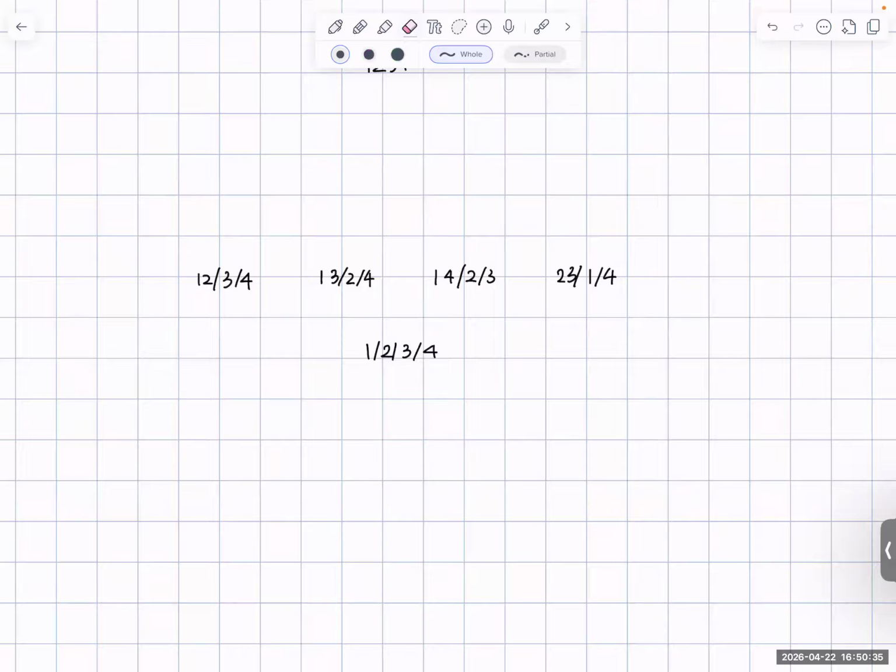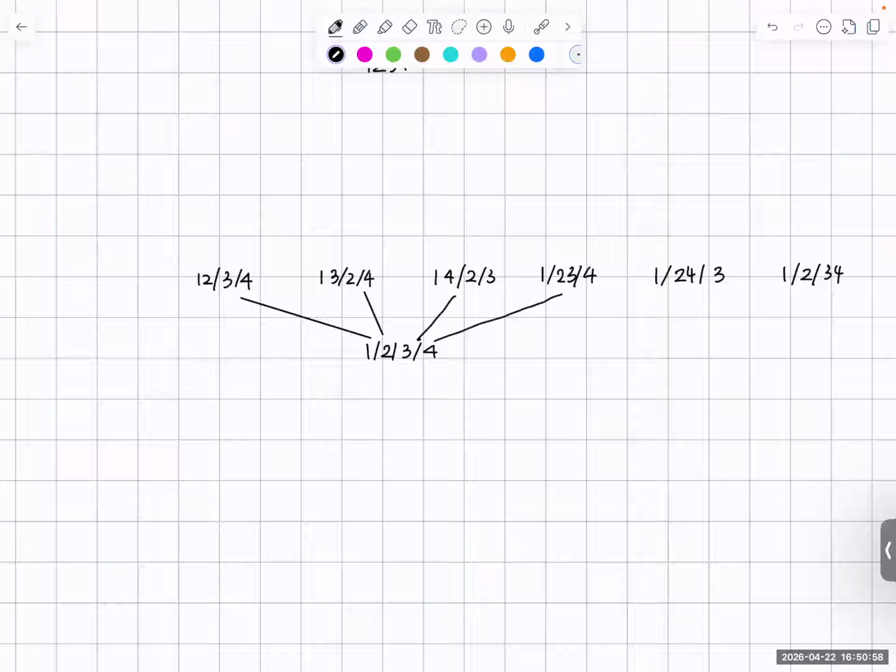Let me just reorder this one. Then you will see that I can just do this. So that's the first layer.